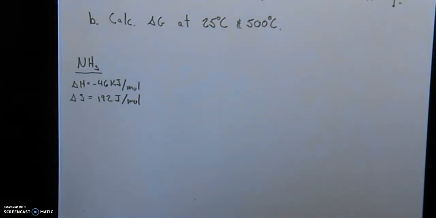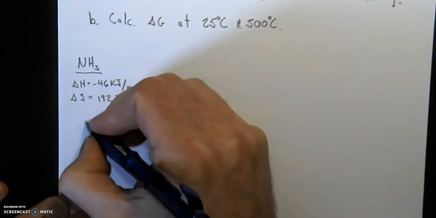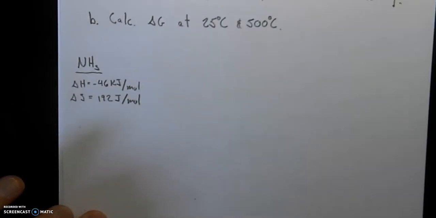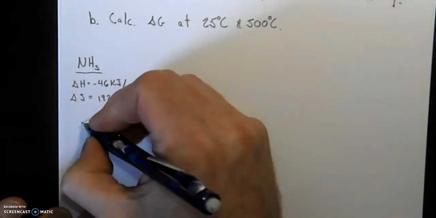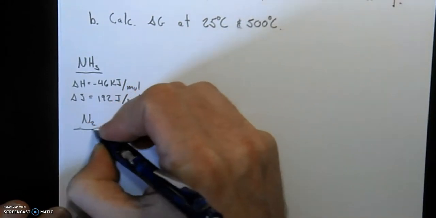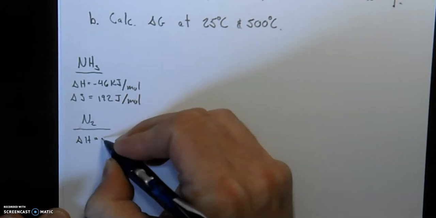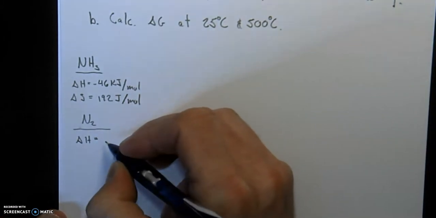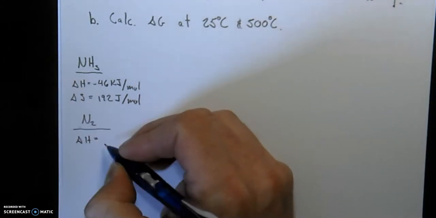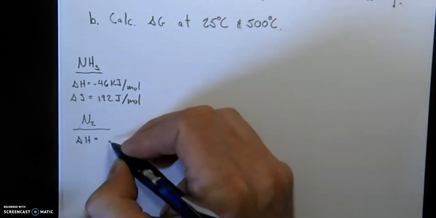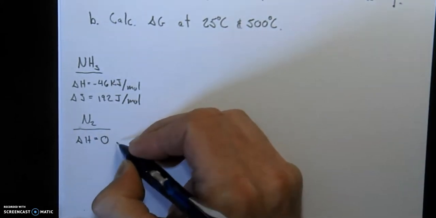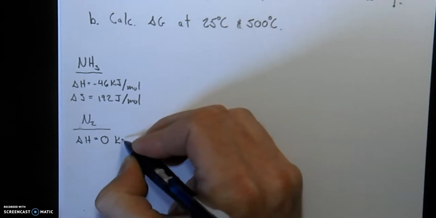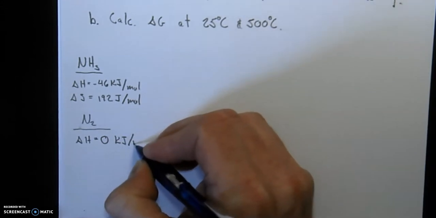And I look up nitrogen. Nitrogen's delta H value is equal to 0 kilojoules per mole.